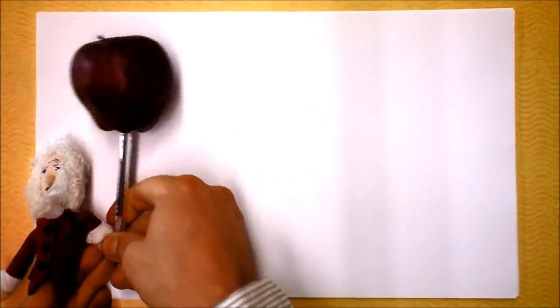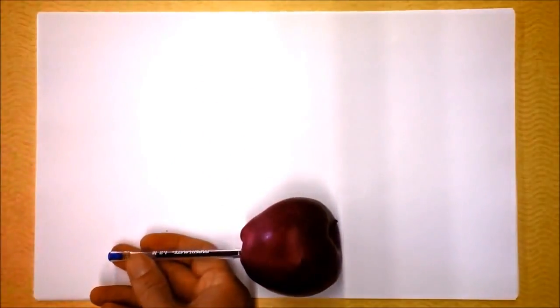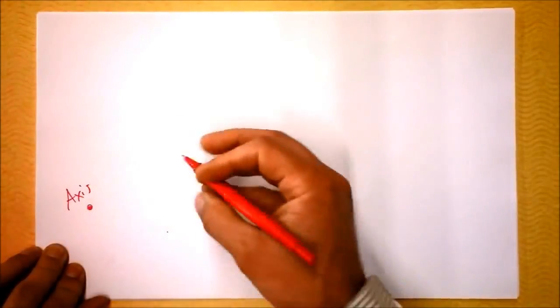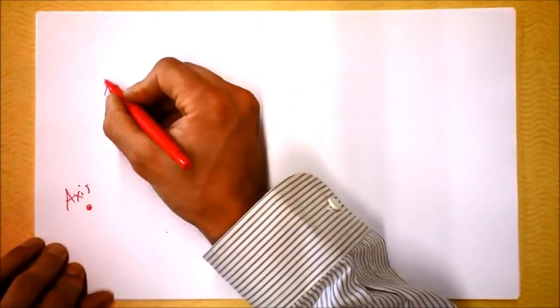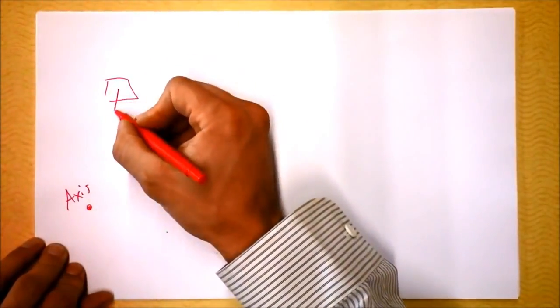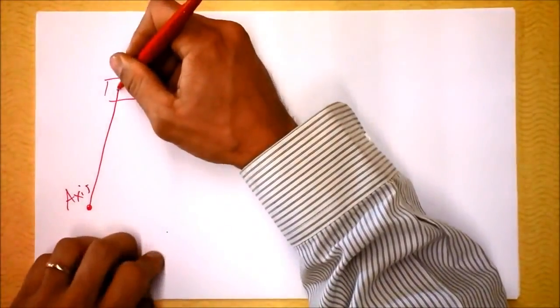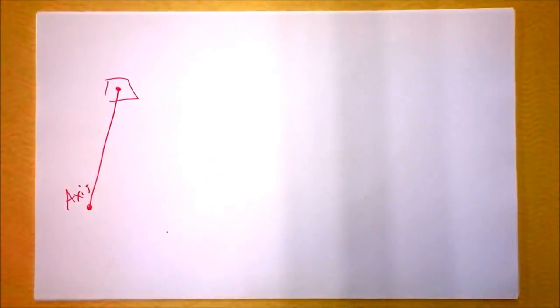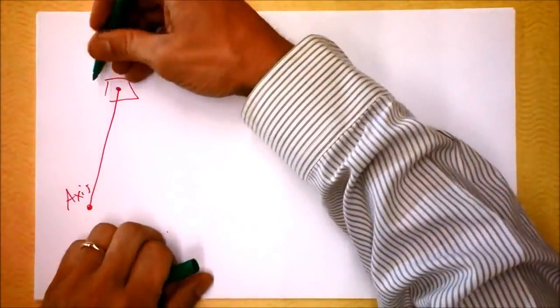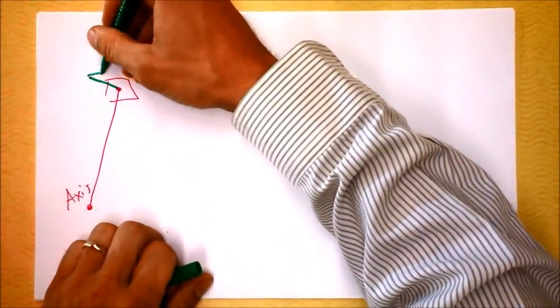So we could say that most of the mass of the system is on the end, and I'll draw a little sketch of this apple system for you. Here's our axis of rotation, and here's our apple out here. That's a nice picture of an apple, right? And so we could say that the apple at this instant is going, let's say, that direction in this rotation.